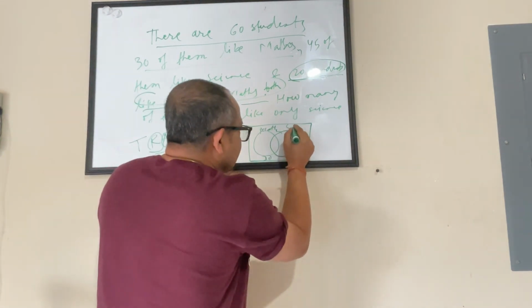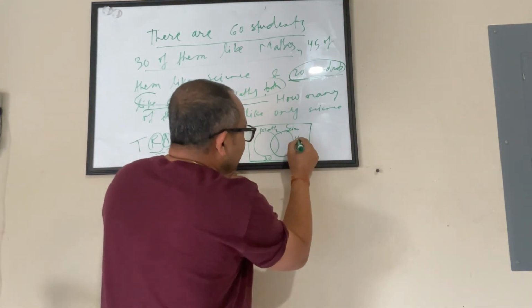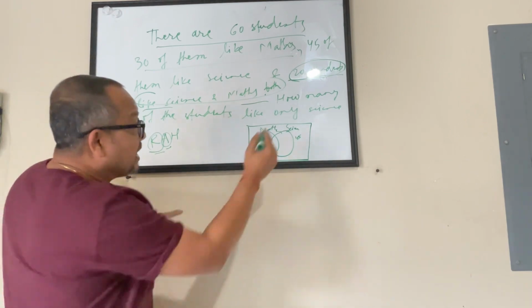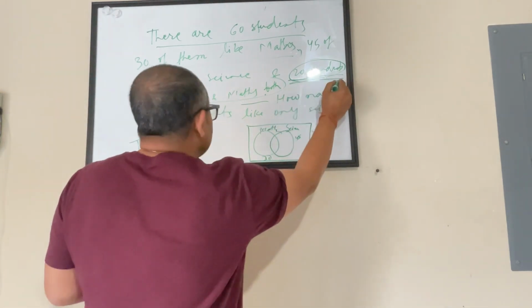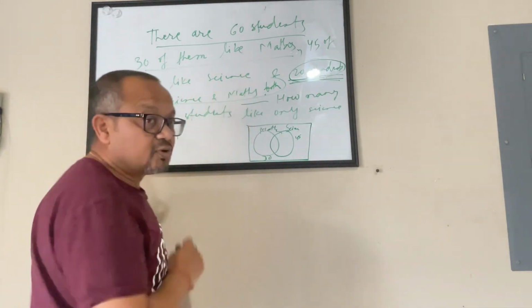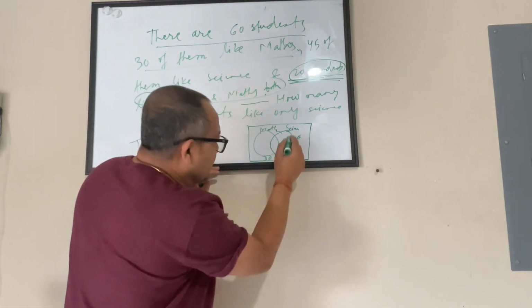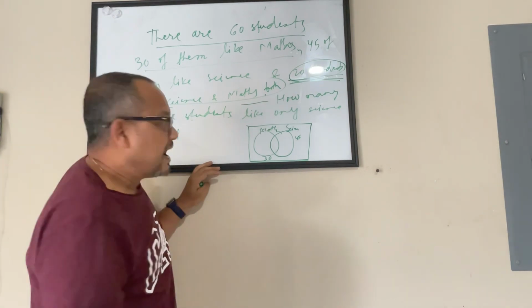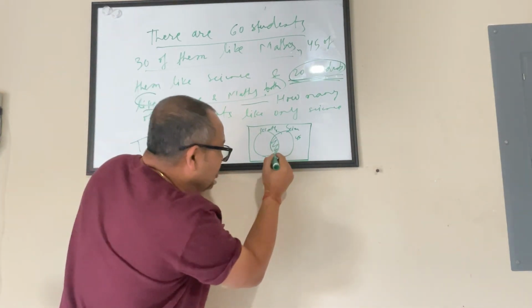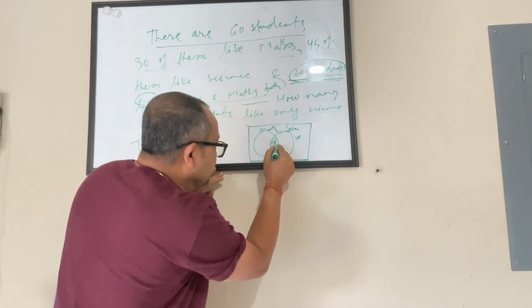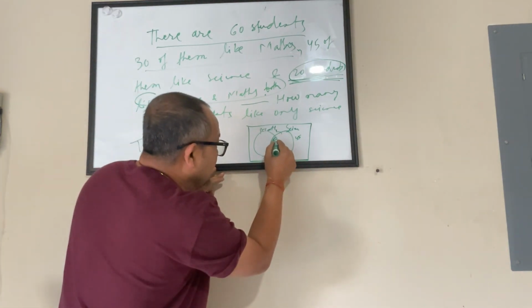This is my science circle, which has 45 students. Now I know these 20 students like science and math both. That means these 20 students are in this circle and in this circle also. This is my common part where both circles overlap. This colored part is 20.